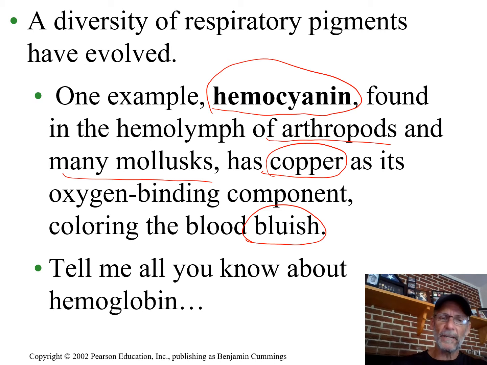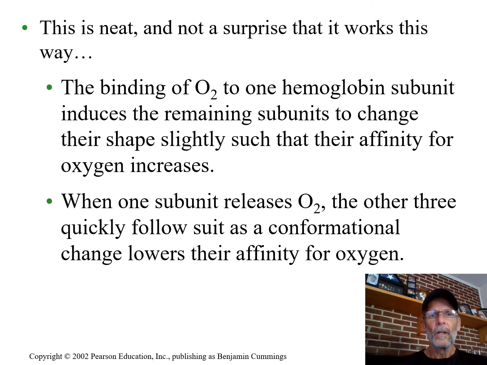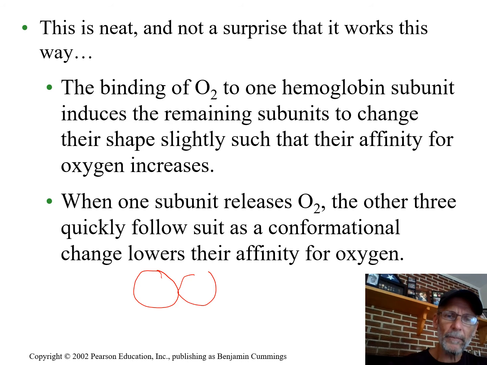Tell me all you know about hemoglobin. I will stop in class to pick your brain about that in a review kind of way. Here is an aspect, which when I flip the next slide I might see if it's in red or green ink. This is called cooperativity. If you remember, hemoglobin is organized at the quaternary level.